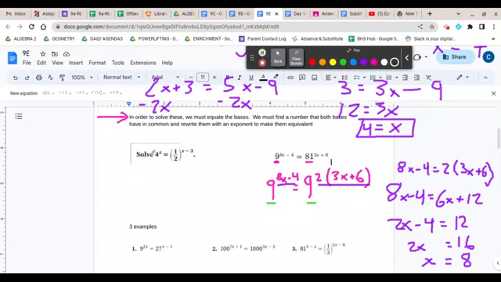So if we come over here, 4 to the x power equals 1/2 to the x minus 3, okay? This is a little tricky, but here we know 4 is 2 squared. So what we'll do is we'll do 2 squared to the x power. 1/2 also has a base of 2 because it's 2 to the negative first power.